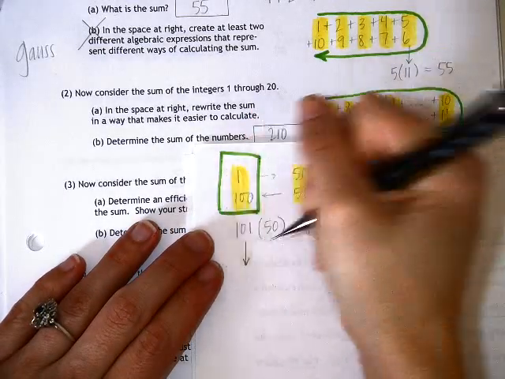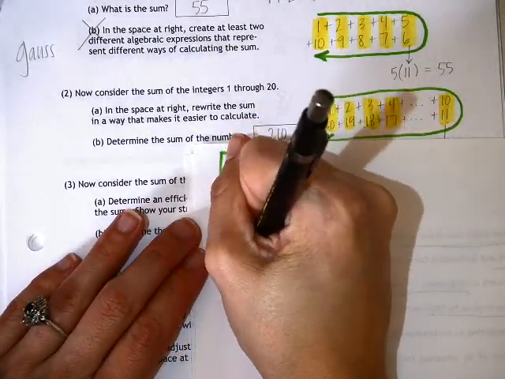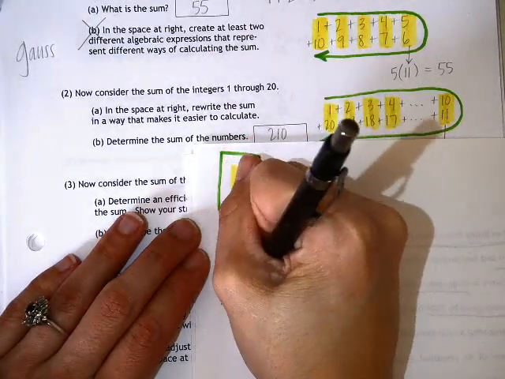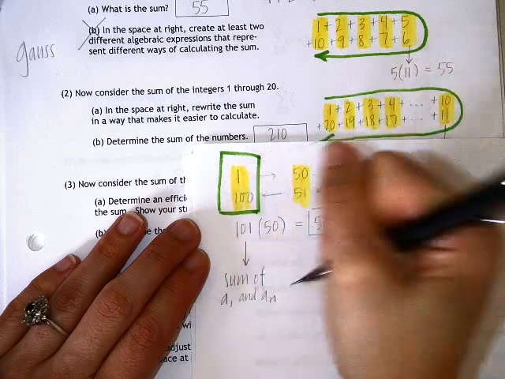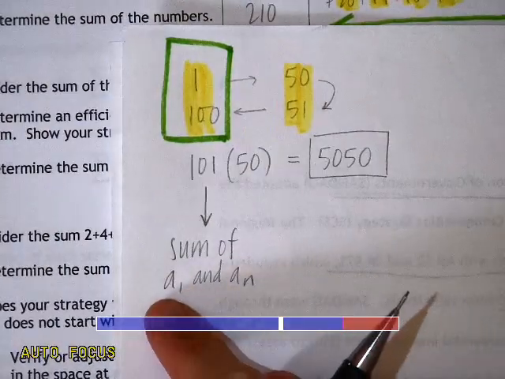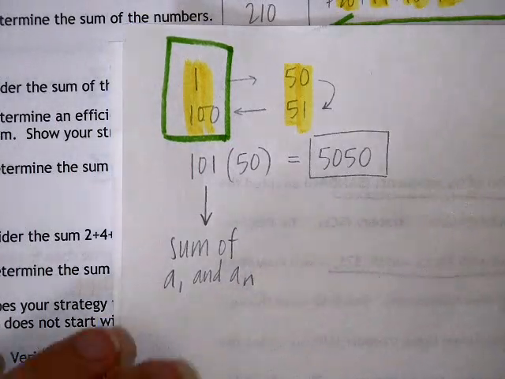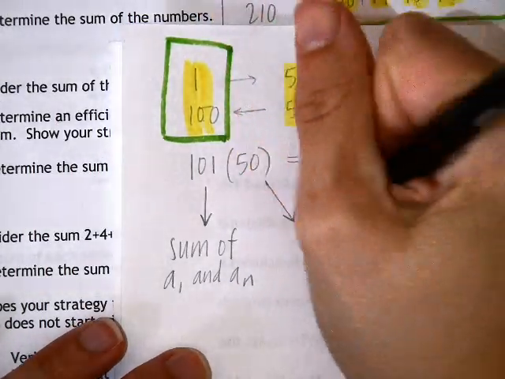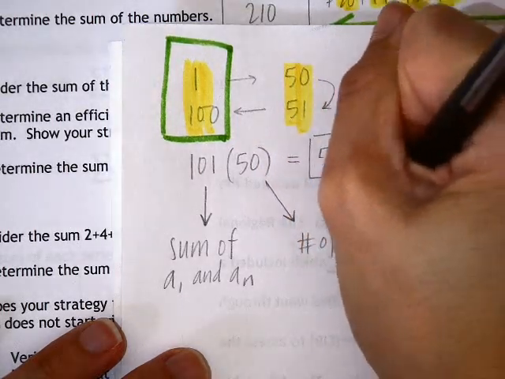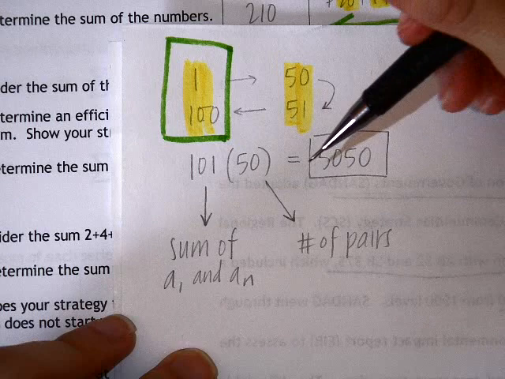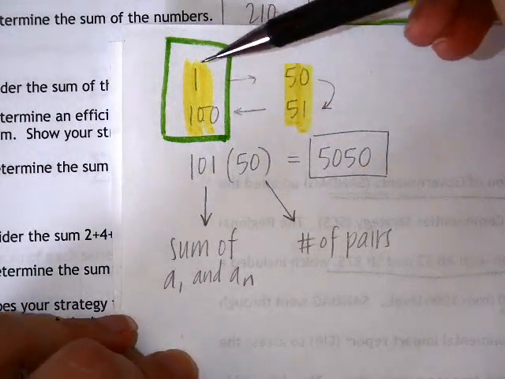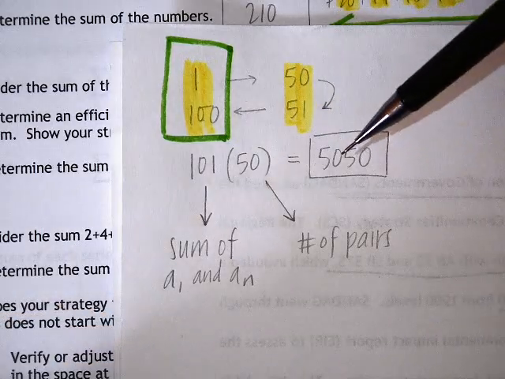You really just had to know two things: the sum of the first and the last terms, and for notation, I'm going to introduce something a little new that I'll mention in a second, the sum of what I'll call a sub 1 and a sub n, the first and the last terms, and the number of pairs that we had to add up. In this case, if you're adding all the integers from 1 to 100, you had 50 pairs of numbers that bent back on themselves in the ribbon.